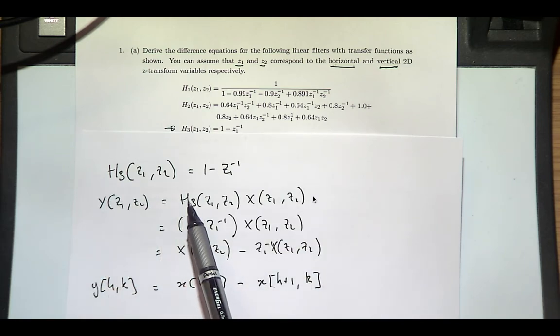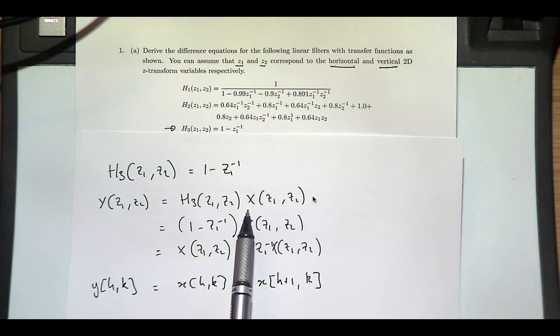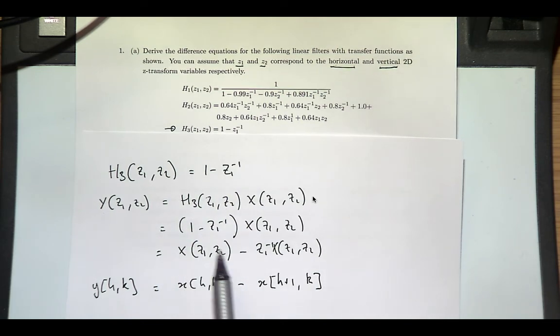So you say y is h times x, and then you plug in your polynomial here, and then you expand. Now that you have expanded your expression, it's quite easy to identify what's going on. If you take hk as your indices for your samples in the discrete domain, then y of hk is x of hk minus, and the z1 to the minus 1 will become h plus 1 here, okay? Because you're looking at the first dimension.